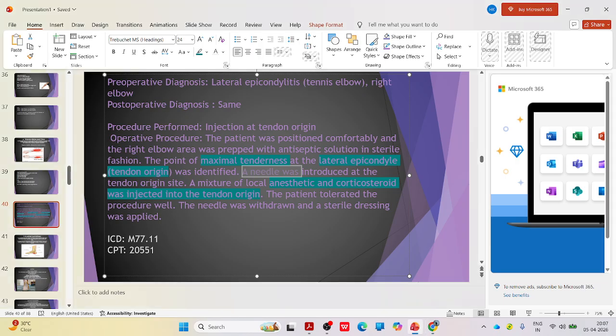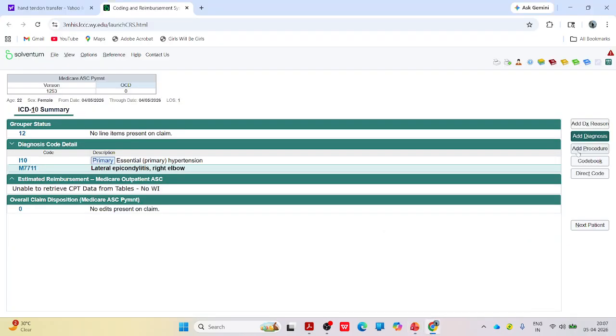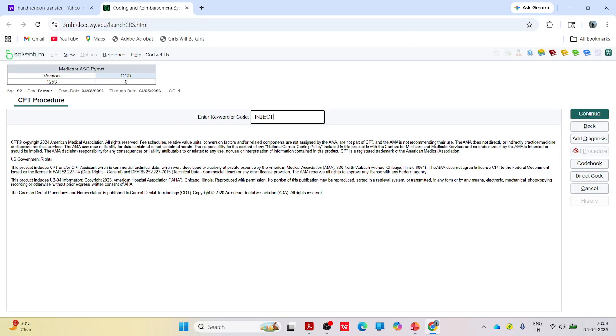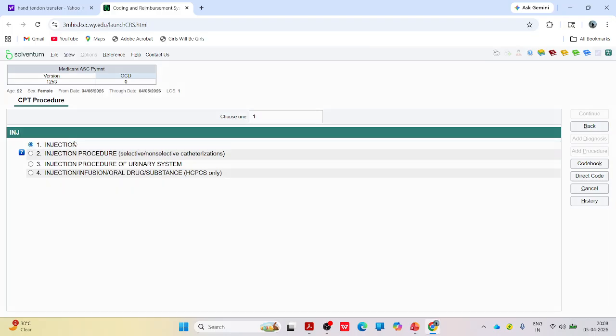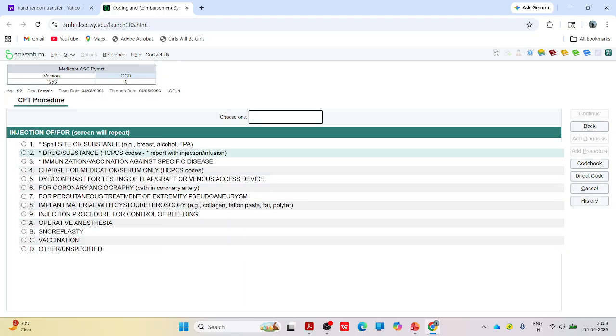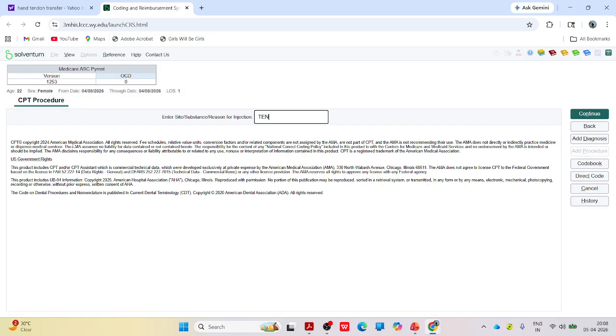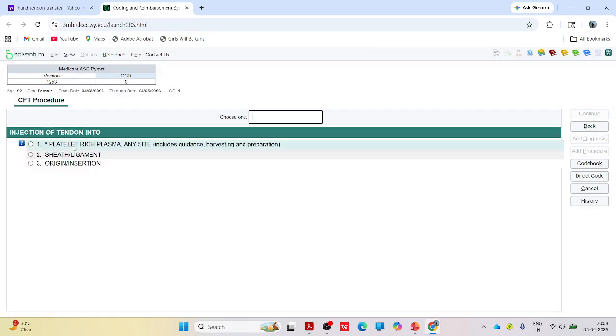And the next procedure is injection at the tendon's origin, epicondyle origin. Okay, so tendon origin injection.